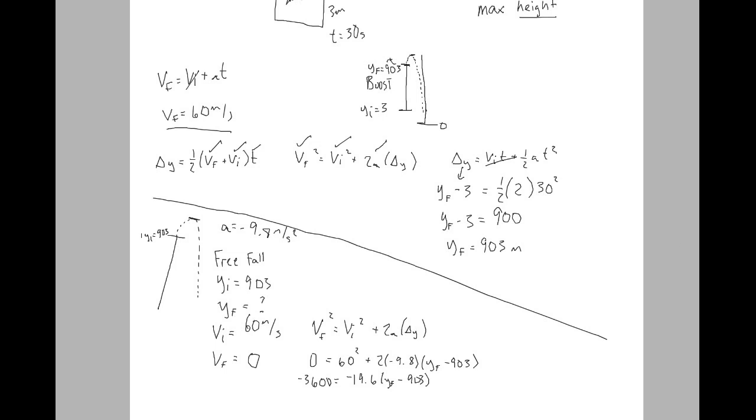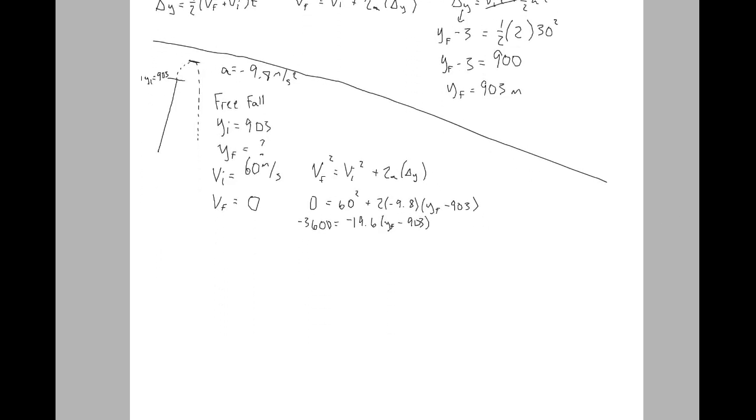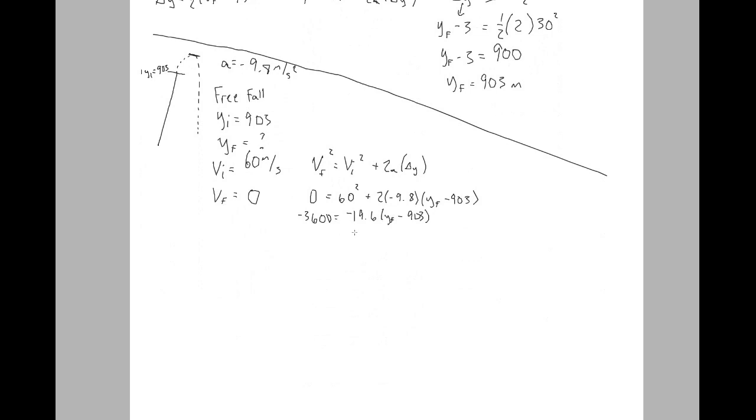So again, I'm looking for y final. So I'm going to go ahead and divide both sides by negative 19.6. So divide that by negative 19.6, and I get an answer of 183.7 equals y final minus 903.